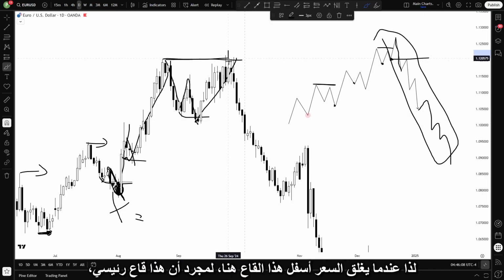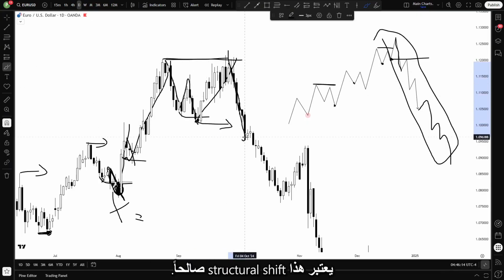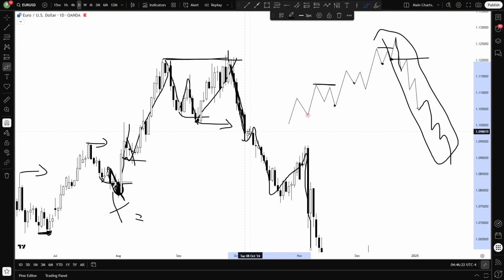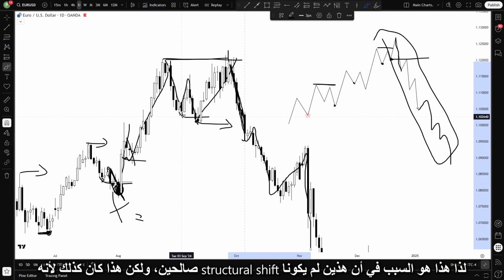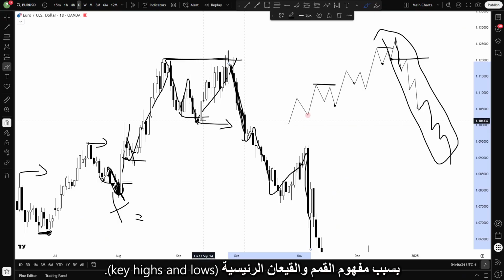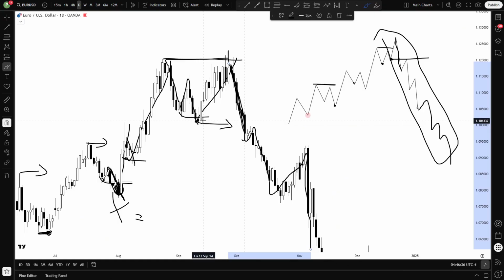So when price closes below this low right here, just because this is a key low, this is now considered a valid structural shift, and from that point on, you can see price then continued the bearish trend. So this is why these two weren't valid structural shifts, but this was, because of the concept of key highs and lows.